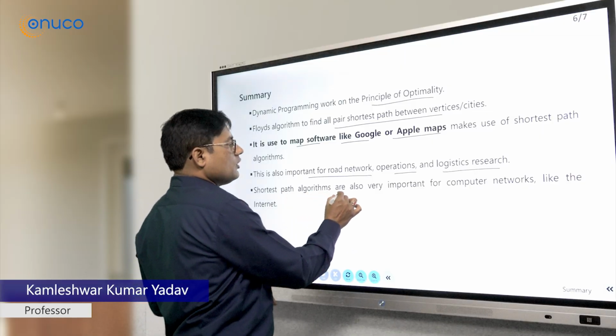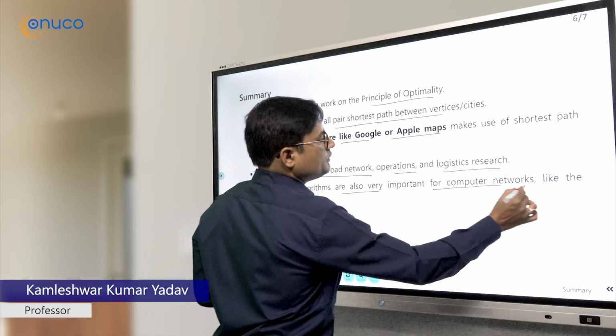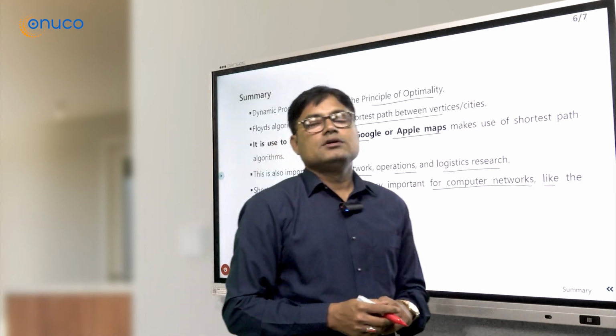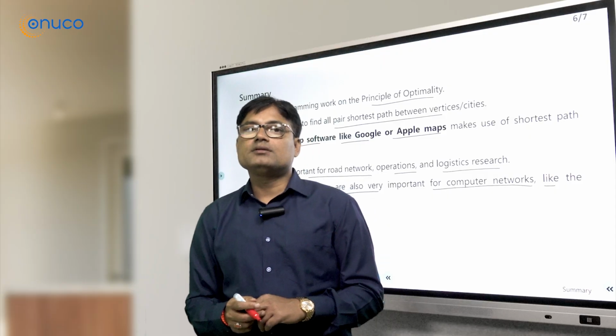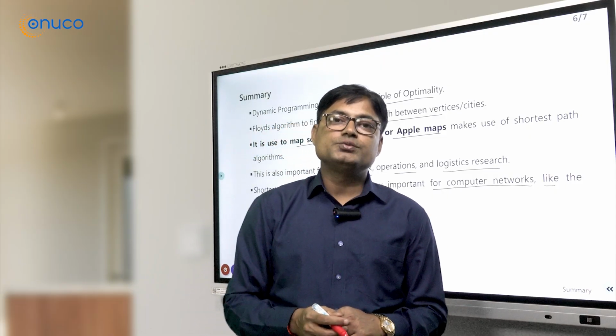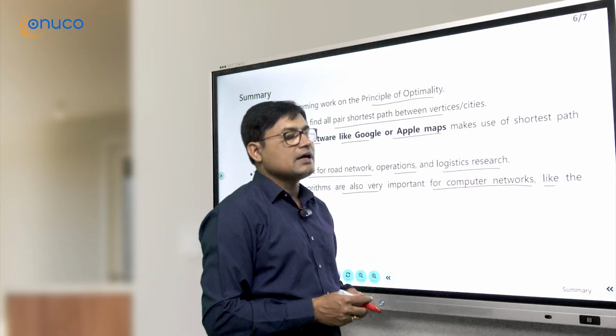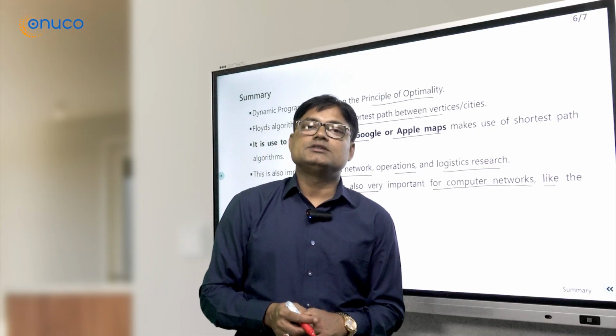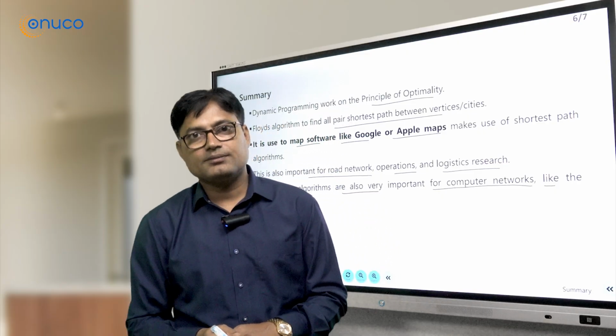Shortest path algorithms are also very important for computer networks like the internet, when you are doing cabling. This is very much useful. So Floyd's algorithm can be used wherever you need to find the shortest distance between vertices. Thank you.